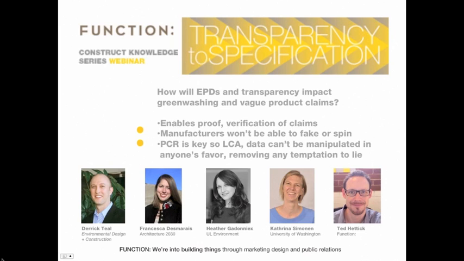And if those decisions aren't made in a consistent way, each manufacturer could make their choices based on making their product look preferable. That is what the product category rules do: they make the rules about how the life cycle assessment should be done so that all of those assumptions are the same. And that, I think, will help manufacturers not be tempted to make the choices that make their products look preferable.